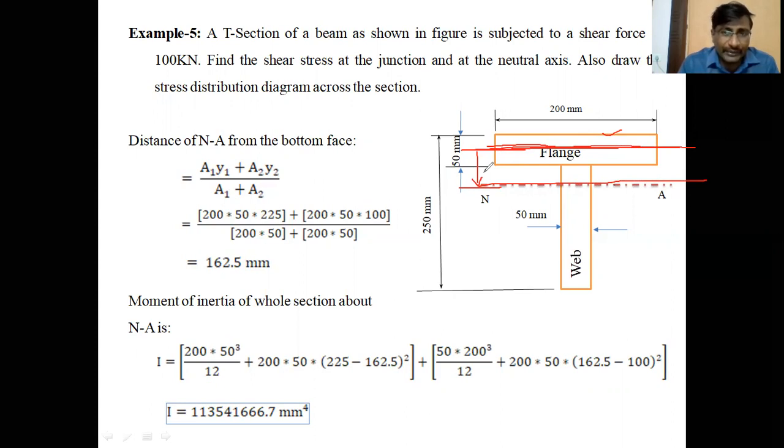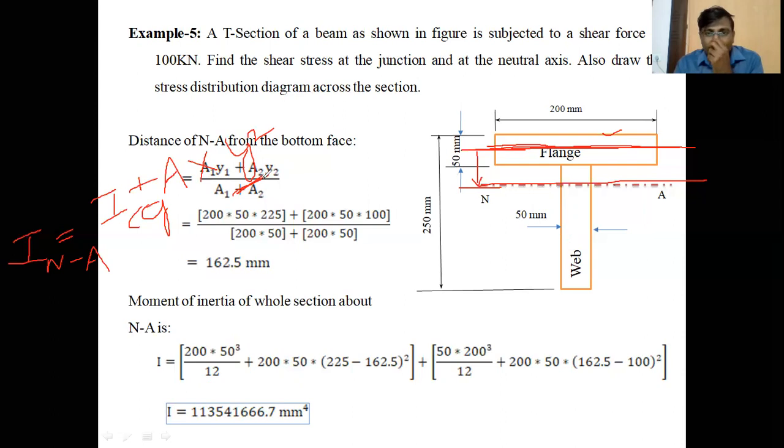According to the parallel axis theorem, the moment of inertia about the neutral axis is equal to the moment of inertia about its own CG plus the area of that particular portion, here the flange area, into y squared. Y means the distance between the two axes.